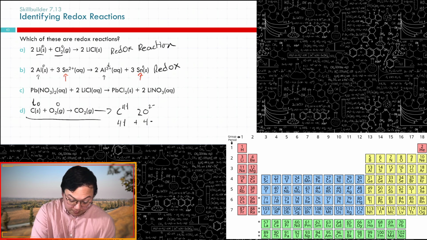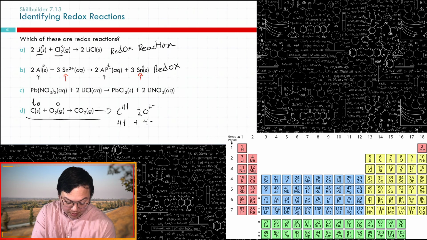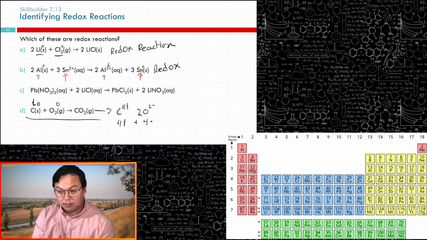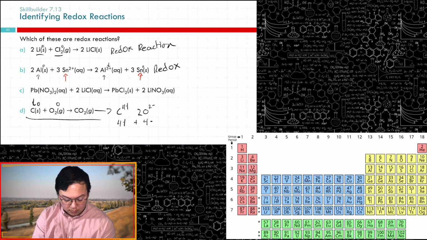This next one, we have lead nitrate and we have lithium chloride. So we don't have anything reacting with elemental oxygen. I guess we have a metal, but not an elemental metal reacting with a non-metal.